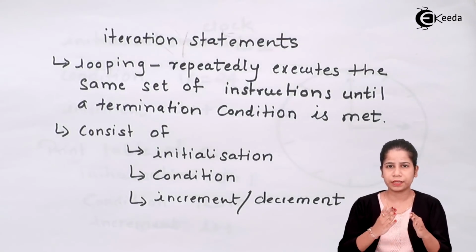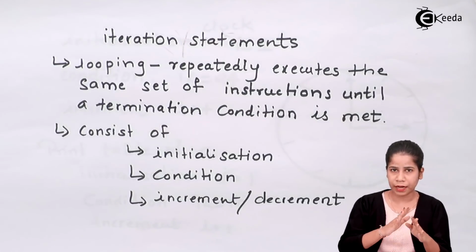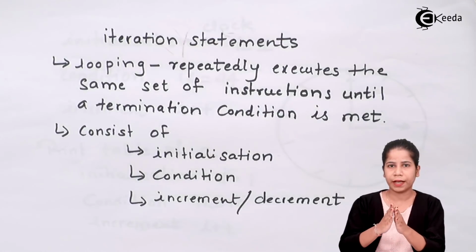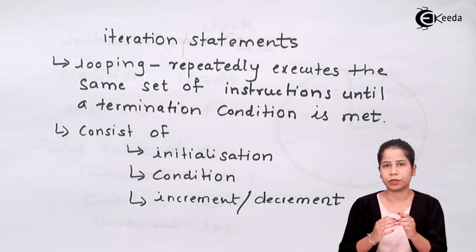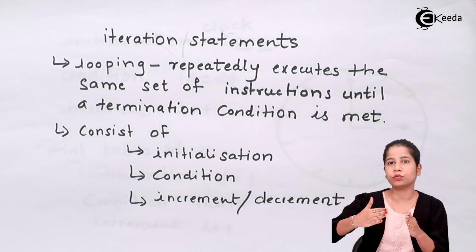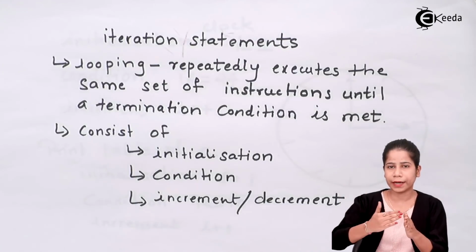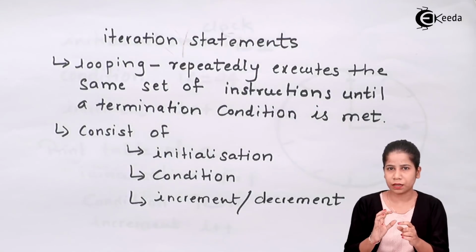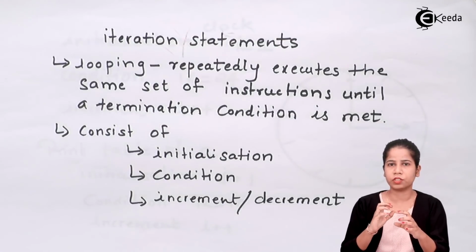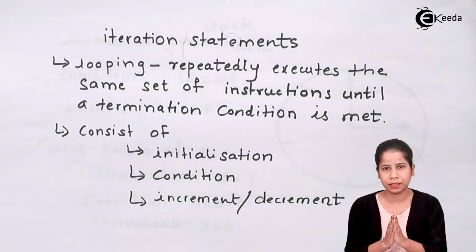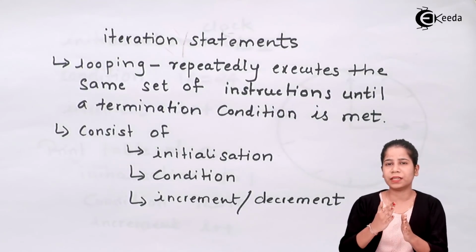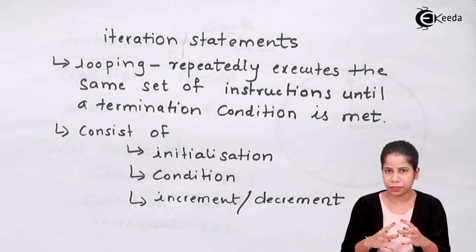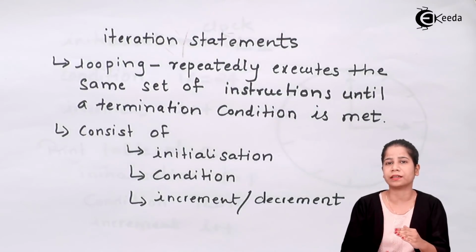It is like one number that I multiply from 1 to 10 and get the respective output, like 2 ones are 2, 2 twos are 4, likewise till 10. So here there is some portion which is happening again and again. That is the multiplication part with 2.